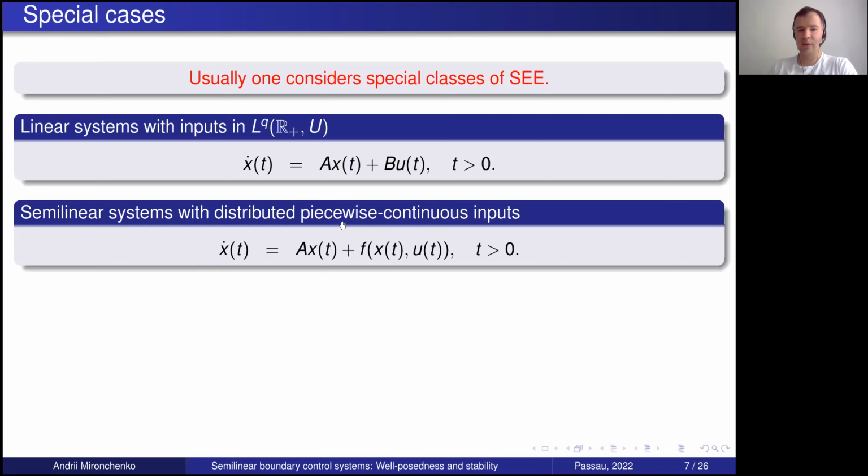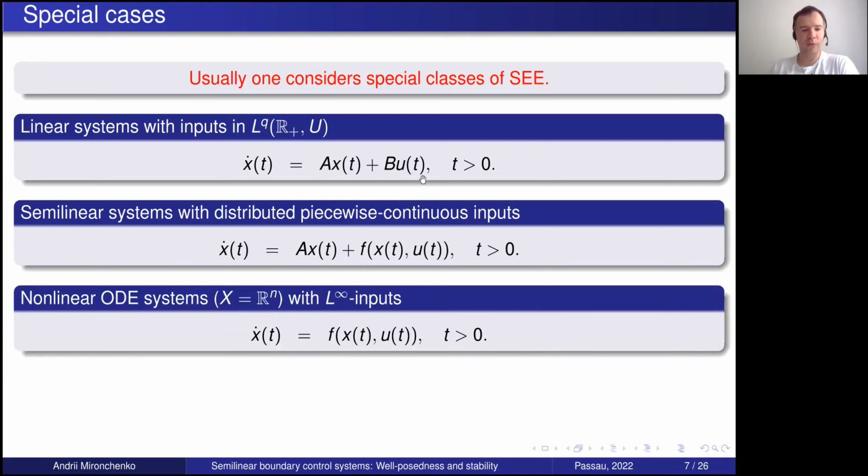So you see, these are really quite different types of systems. And if we go to the classical theory of ODE systems, then it deals with nonlinear systems but L-infinity inputs. Formally, this class is also not a special case of the previous one, because there we have continuous or piecewise continuous inputs, and here L-infinity inputs.